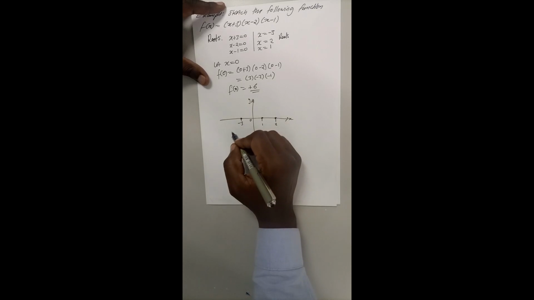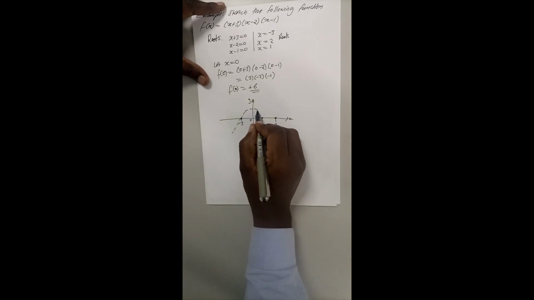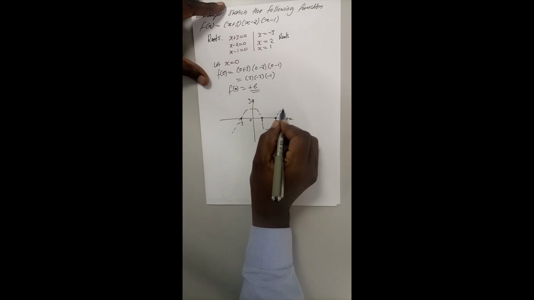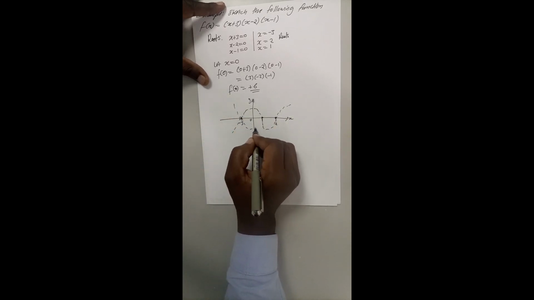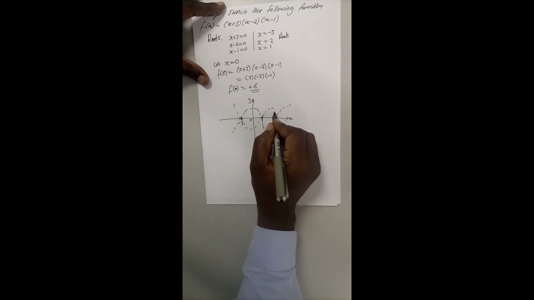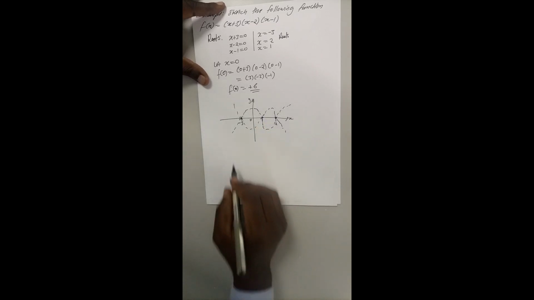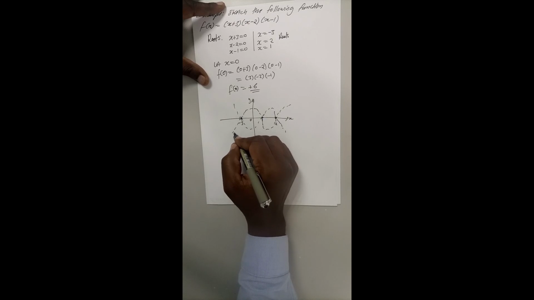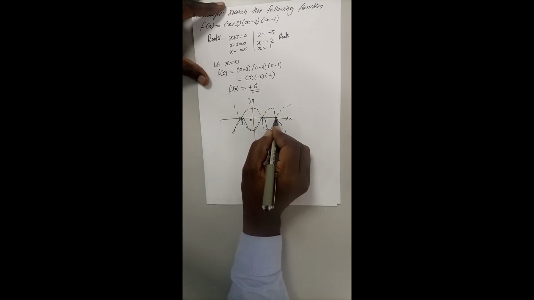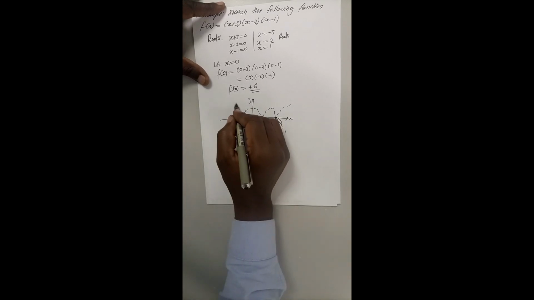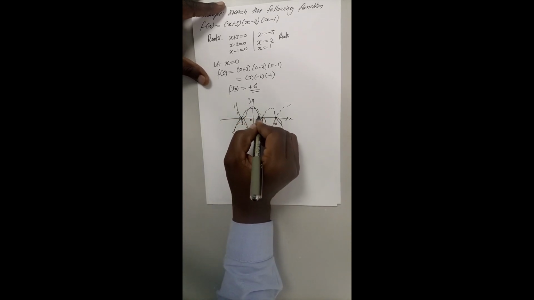So this graph may have these possibilities. It may look like this, or it may look like that, passing through this point, passing through that point, or it may also look like this, like that, passing through 2, or it may look like this one.